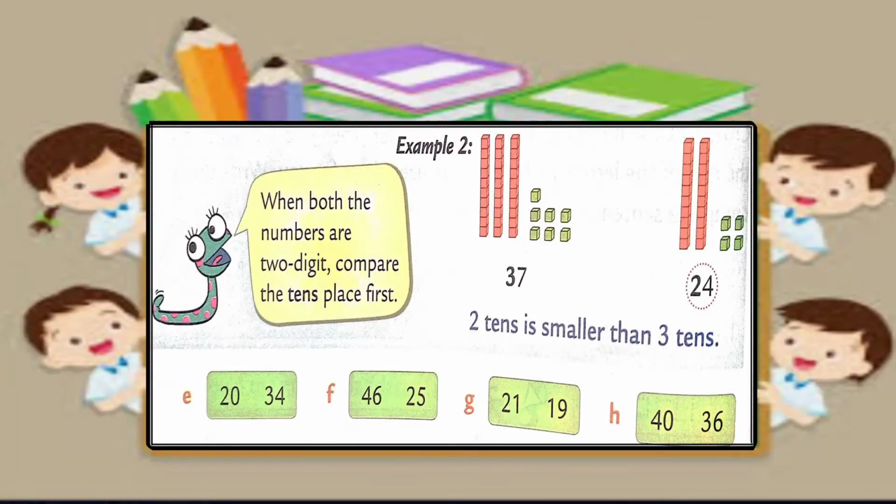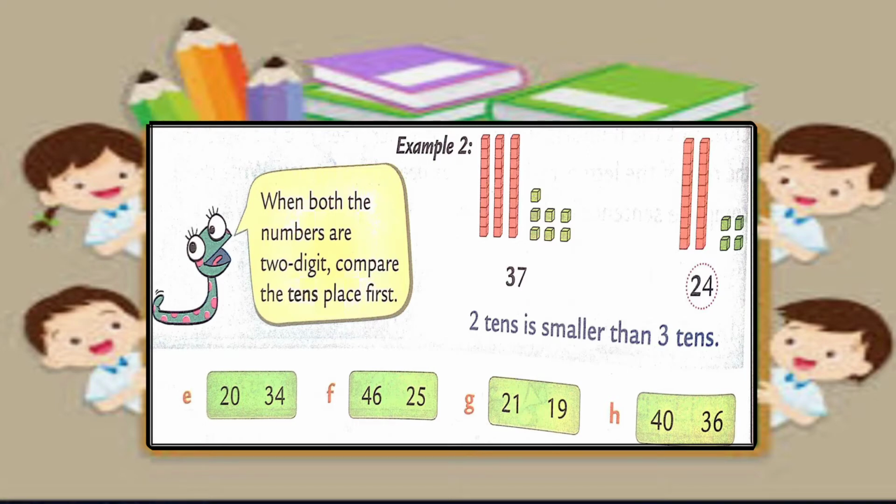Example number 2. Now if you observe, we have two pairs of numbers. First we have 3, 7, 37 and then 2, 4, 24.